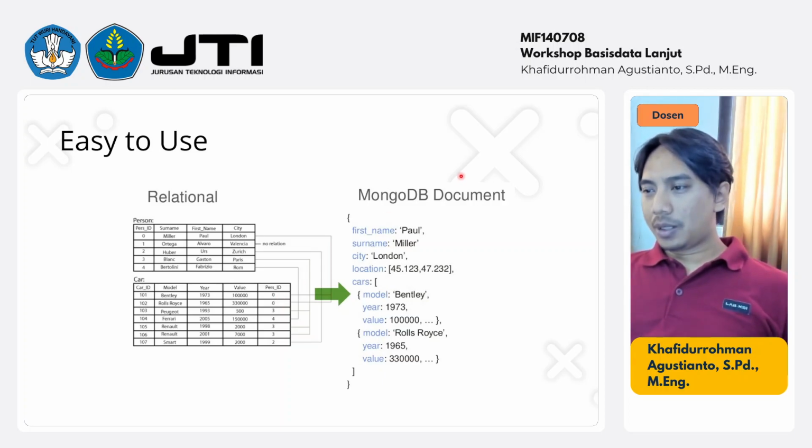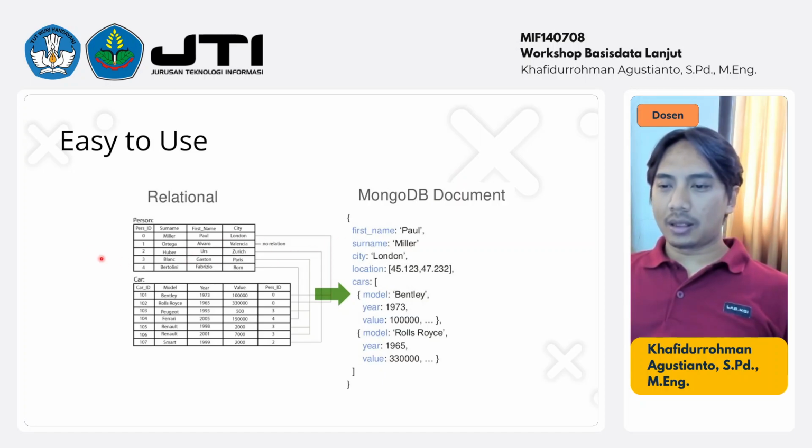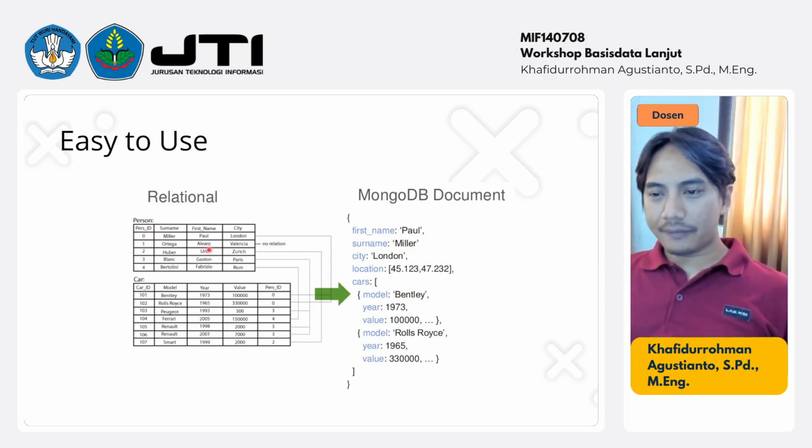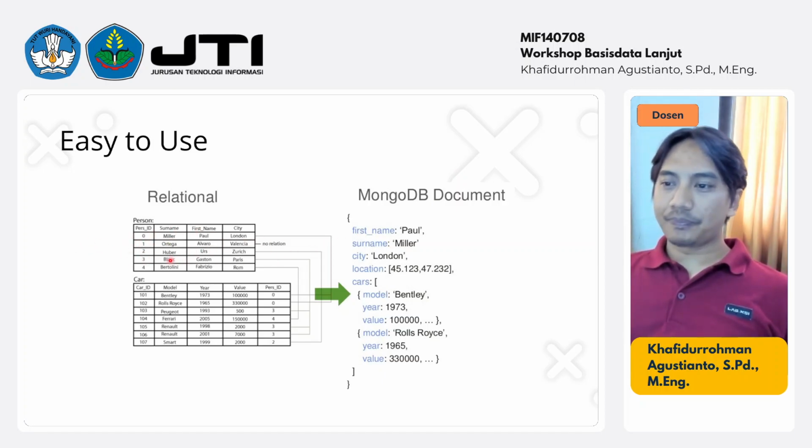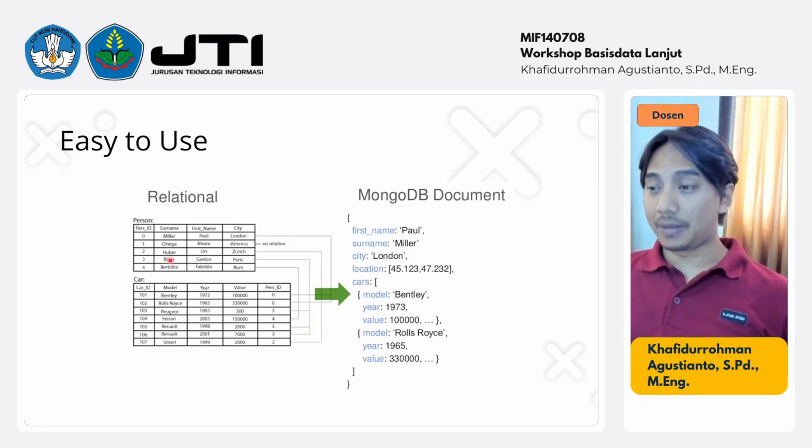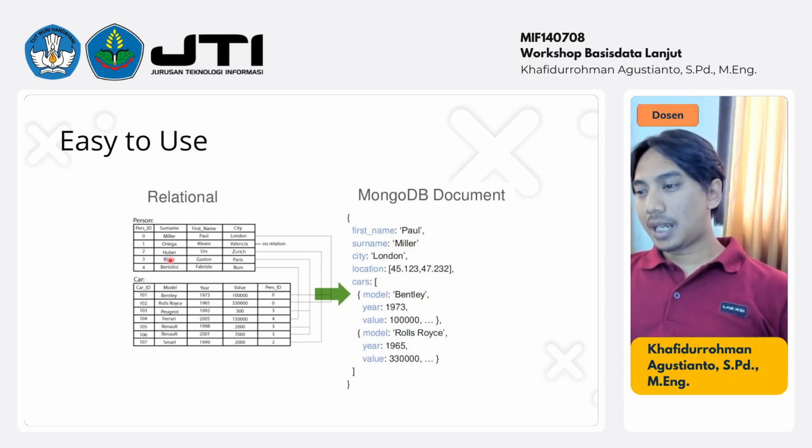But in MongoDB documents, we should not have the same schema. Sorry, scheme. Yeah, we can have a different scheme.